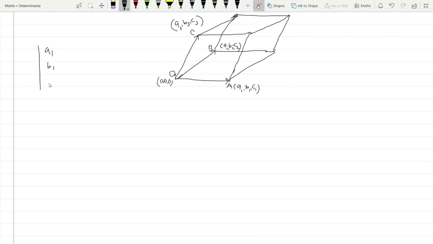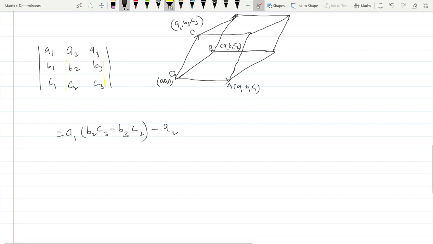the determinant |a1 b1 c1; a2 b2 c2; a3 b3 c3|, which is equal to a1 into this determinant, b2 c3 minus b3 c2, minus a2 into the determinant made by these two.